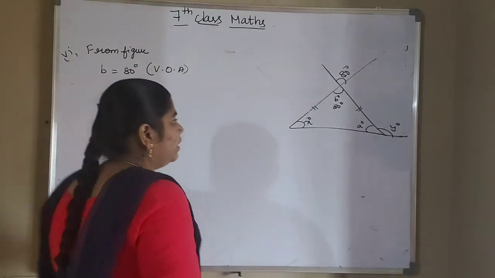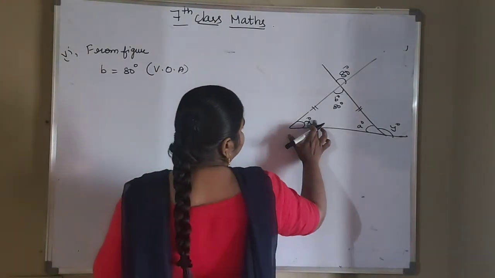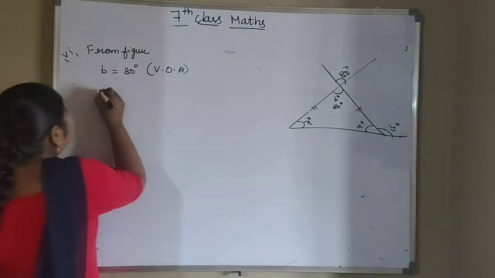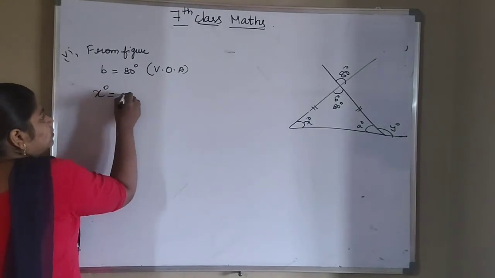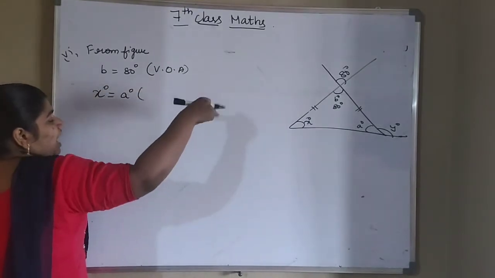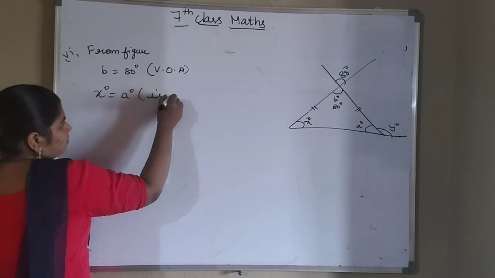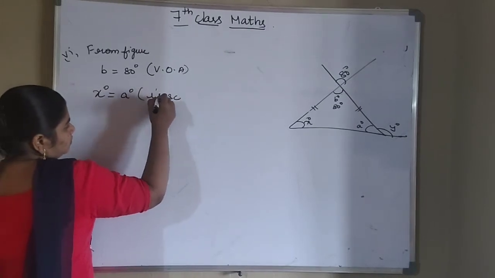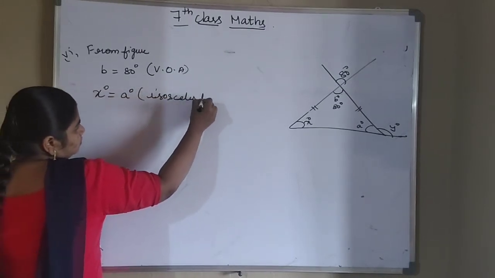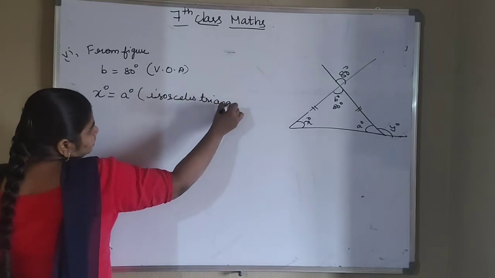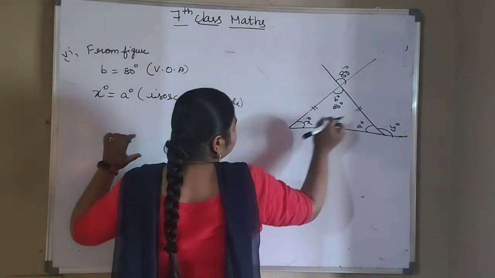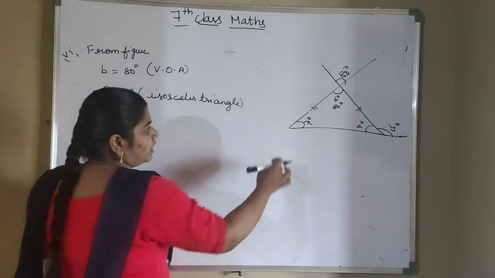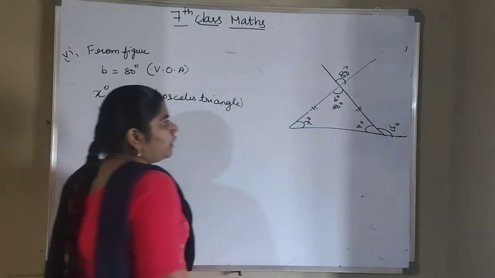In the same way, we can take x degrees will be equal to A, because it is an isosceles triangle. In an isosceles triangle, if two sides are equal, two angles will be equal. So we can take x degrees equal to A degrees.